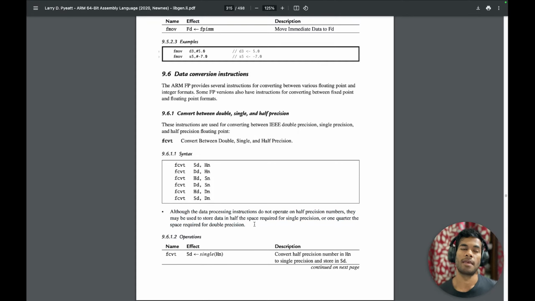Okay, even though these do not support half precision numbers, when the destination memory is only half, we can use these to store a bigger number into a smaller place with data loss.